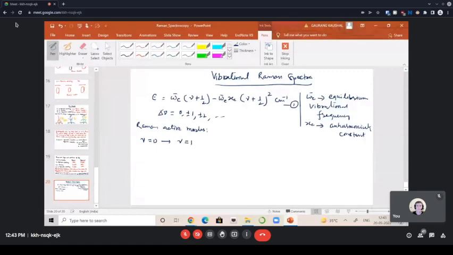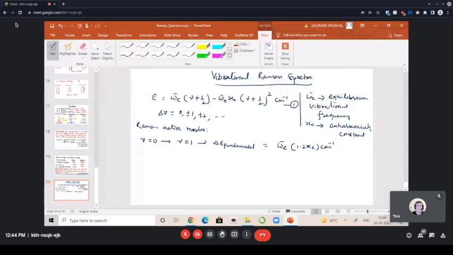This will give you the delta E fundamental transition, which we have already discussed in the vibration spectrum. You will see that it will be ωe (1 minus 2xe) centimeter inverse.